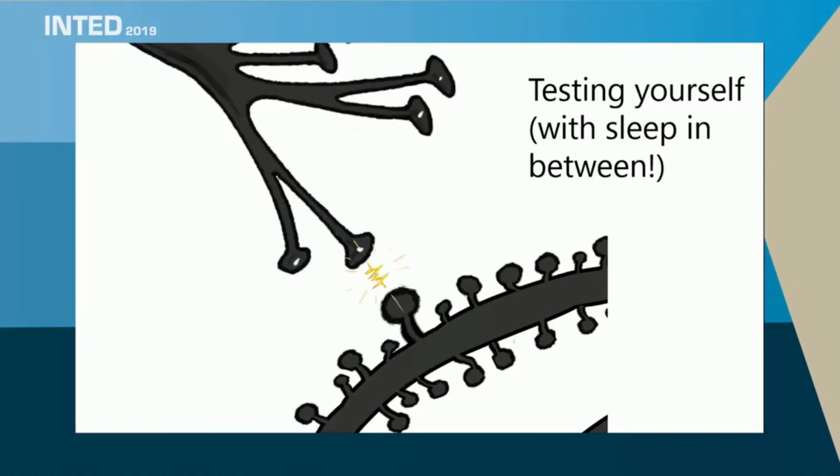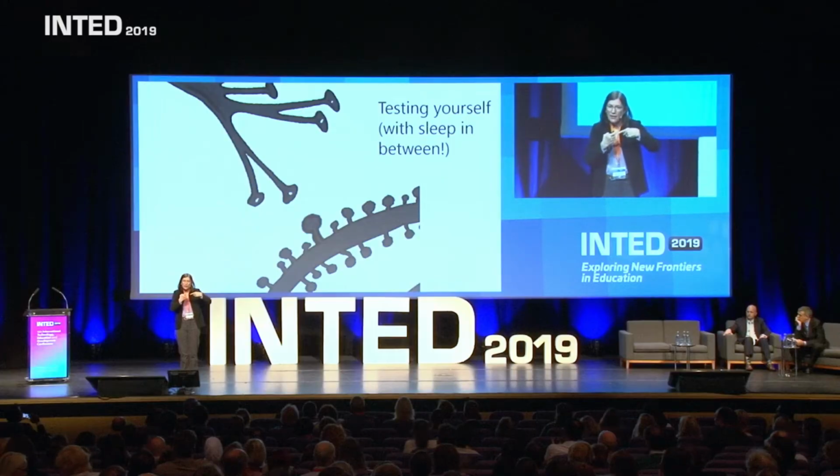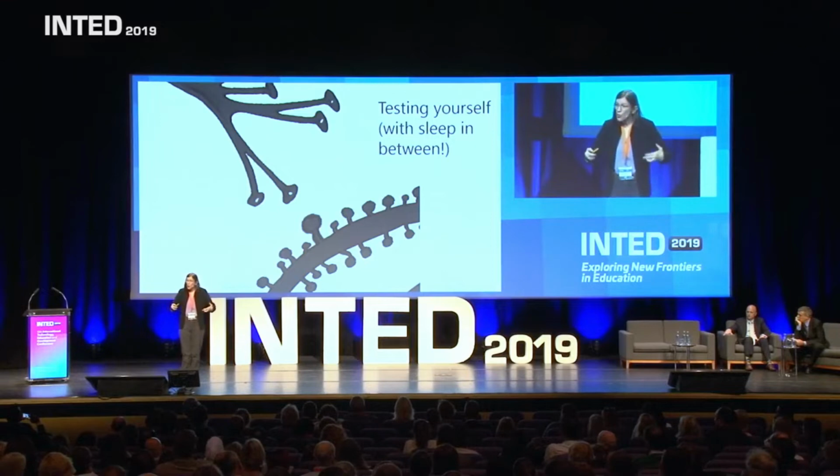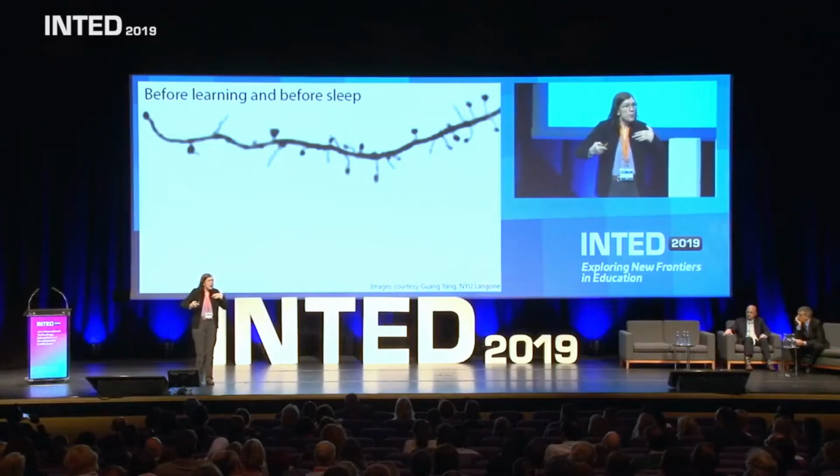When you sleep, those dendritic spines pop out and make the connections and practice with those connections. This is why it's so important for students to practice and to get a good sleep.